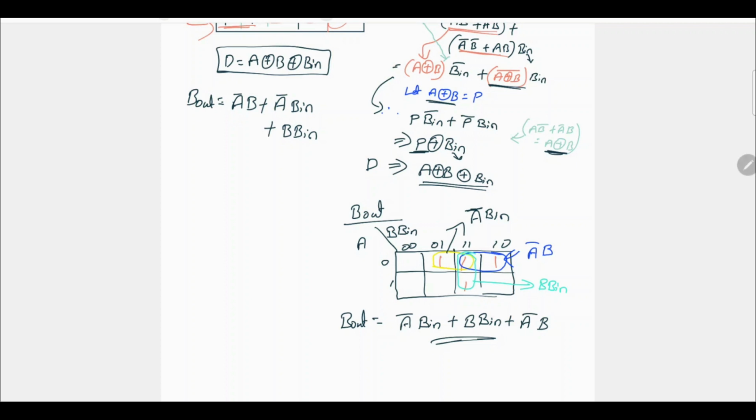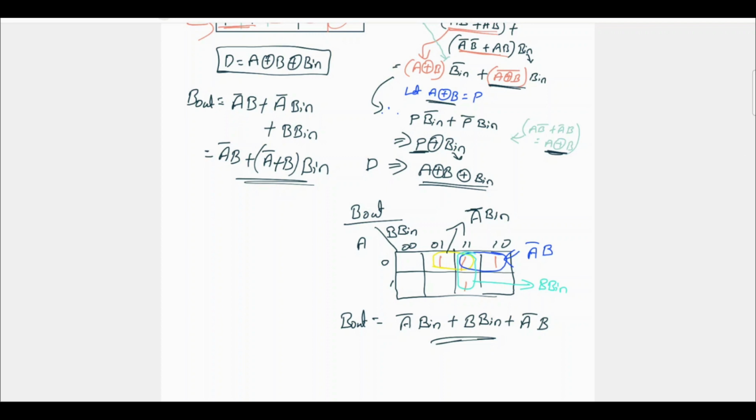This is A bar B in, this is A bar B, and this is B in. Yes, correct. Or we can take common also. We can take it as A bar B plus, A bar plus B into B in. This is also okay.